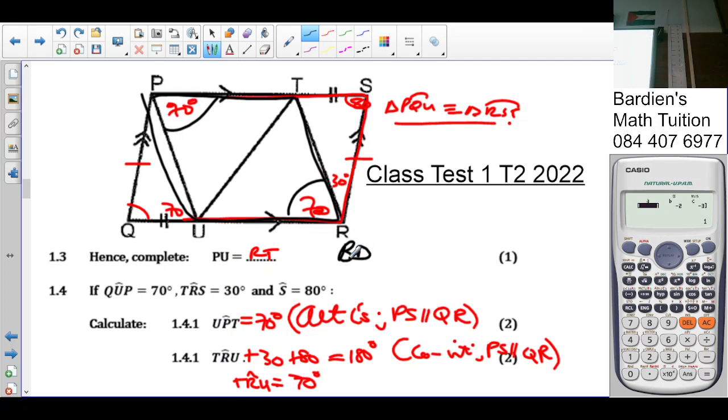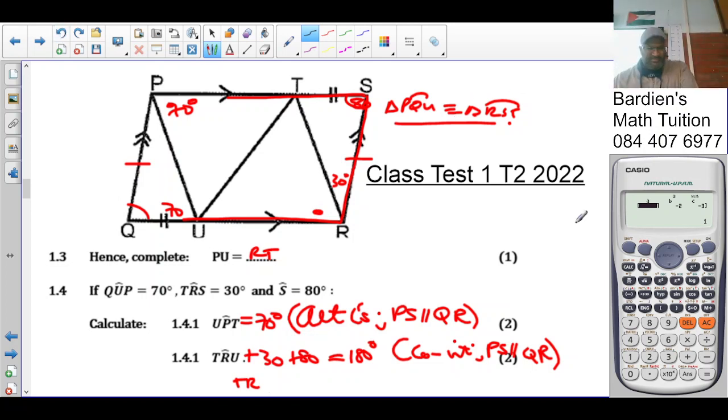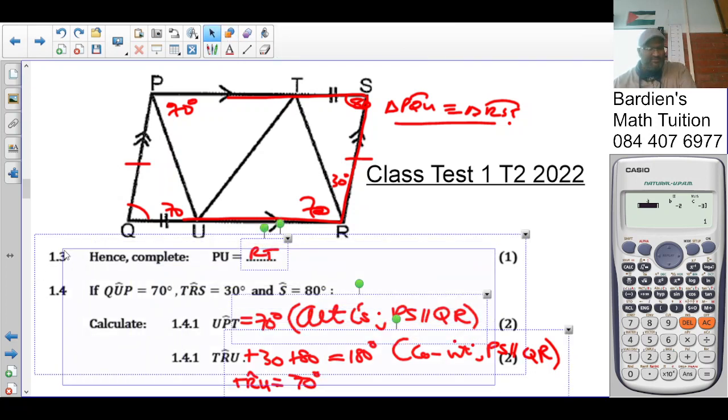We're not given or not proven. Okay? Any confusion here? That's 70 there.